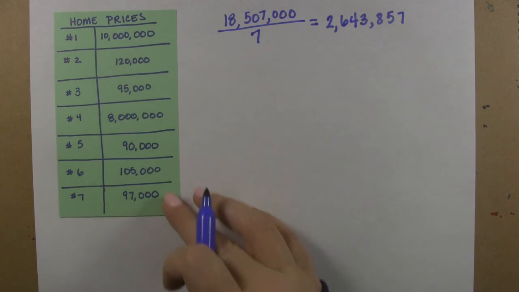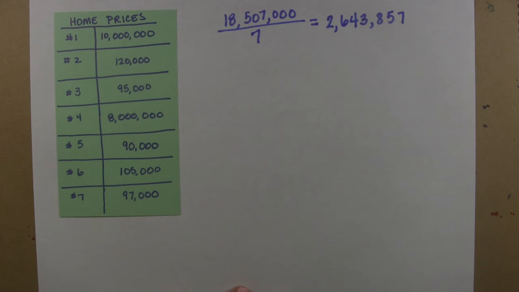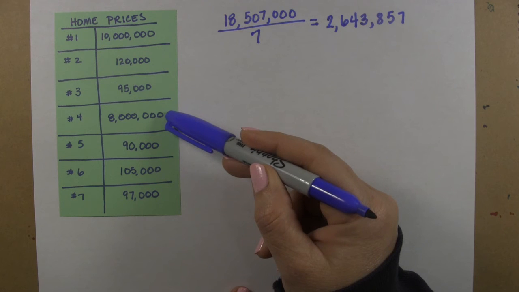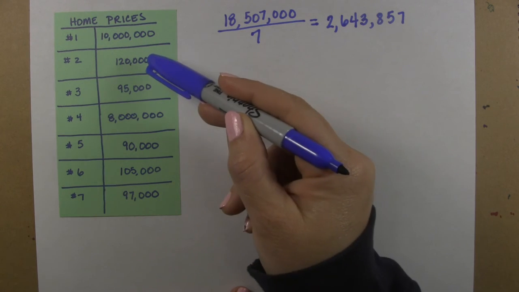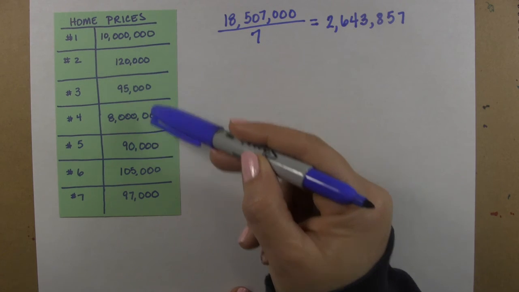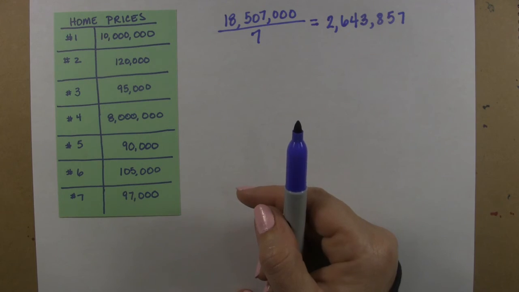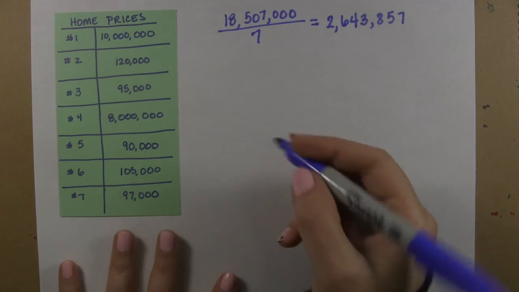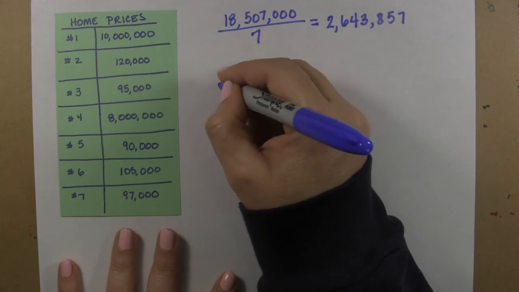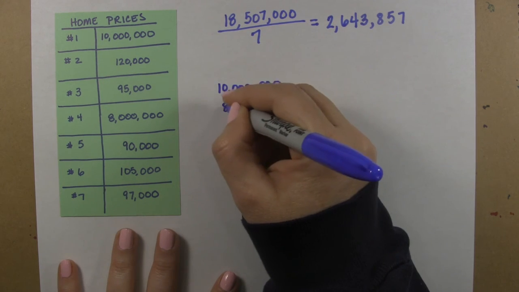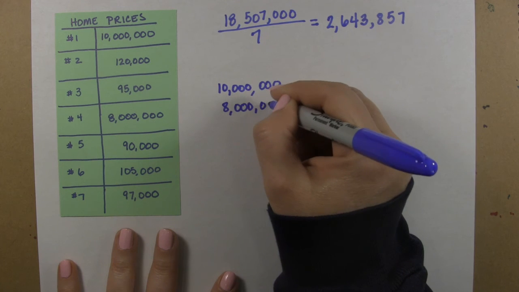But if you look at the home prices in this neighborhood, you can see that you have 2 humongous houses. Humongous and expensive houses. And then you have all the rest of them. These other 5 houses are much, much, much more modest homes. In fact, if you were to list it all out, in order, you would have a $10 million house and an $8 million house.